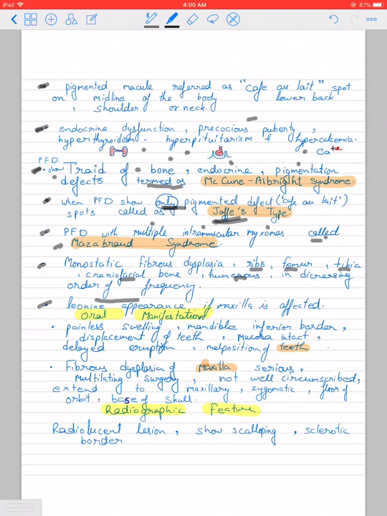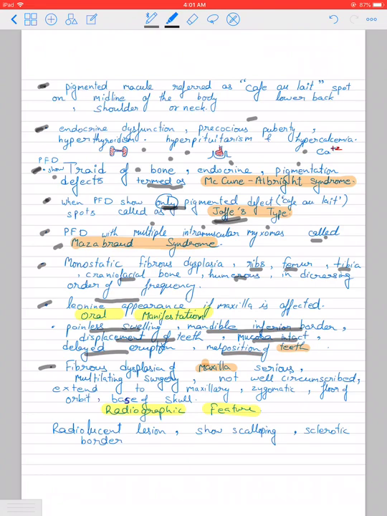Come to oral manifestation. In the mouth we can see painless swelling, very important. The inferior border of the mandible is affected, there is displacement of teeth, and the mucosa will be intact. This is also a feature: the mucosa will be in good condition. There is delayed eruption and malpositioning of teeth, all problems related to teeth.